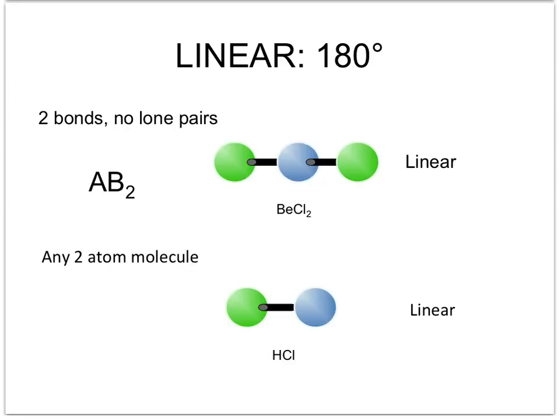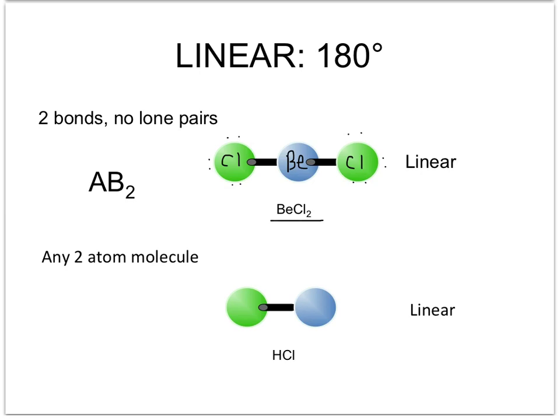So let's take a look at our first shape, which is called linear. If we take a look at the first picture, you will see that that is of molecule BeCl2. So we have Be in the middle, and we have 2 chlorines on either side. Of course, remember that there are lone pairs on chlorine around this diagram, but there are none on beryllium.